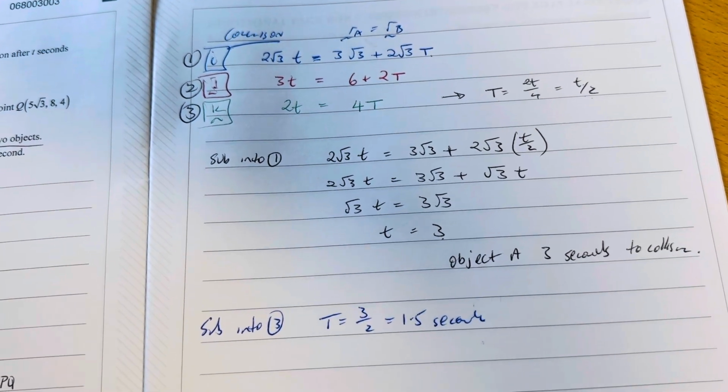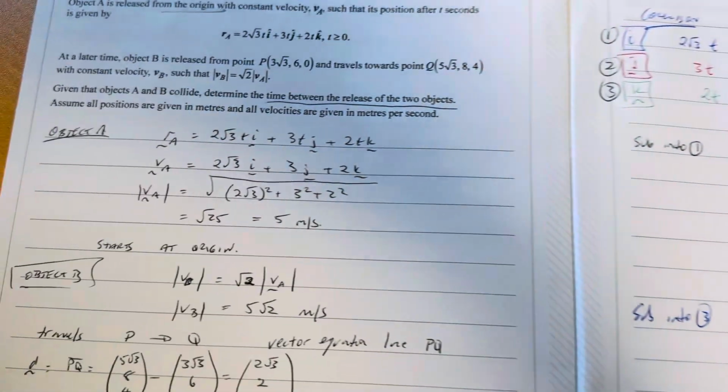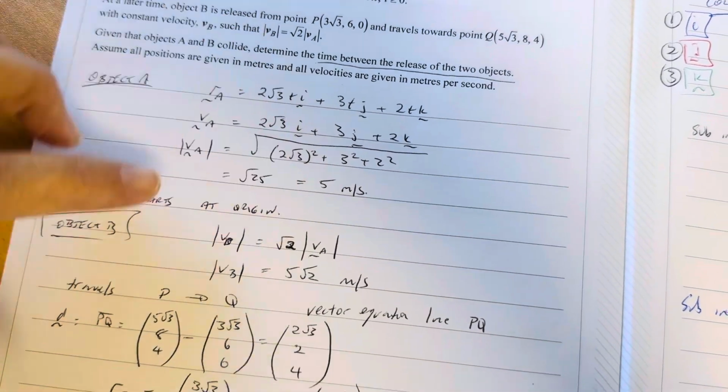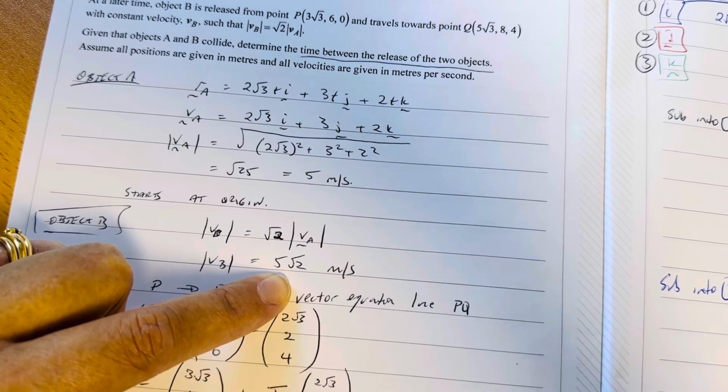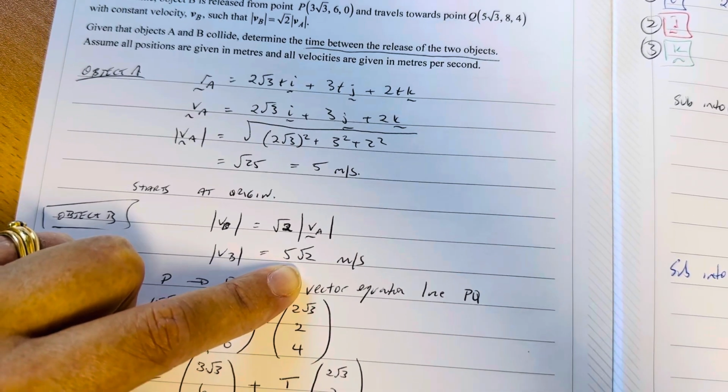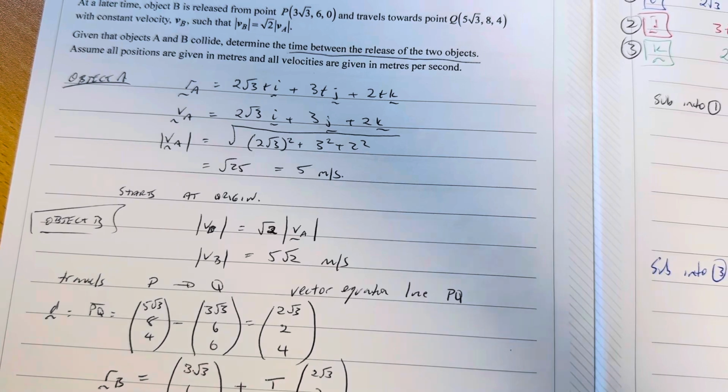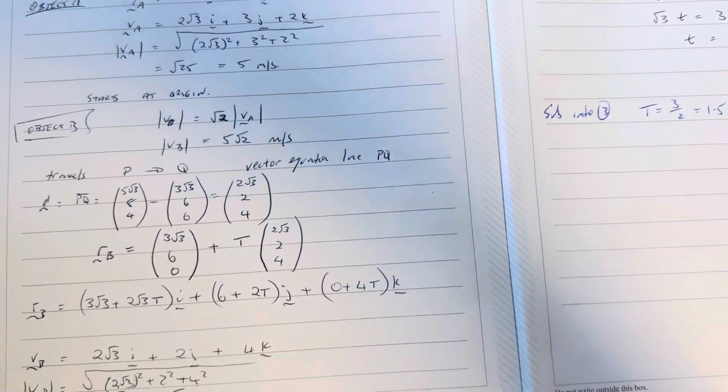The issue is they've actually stated that the B object is traveling faster. It's actually traveling 5 root 2 meters per second instead of the 4 root 2 meters per second we worked out.